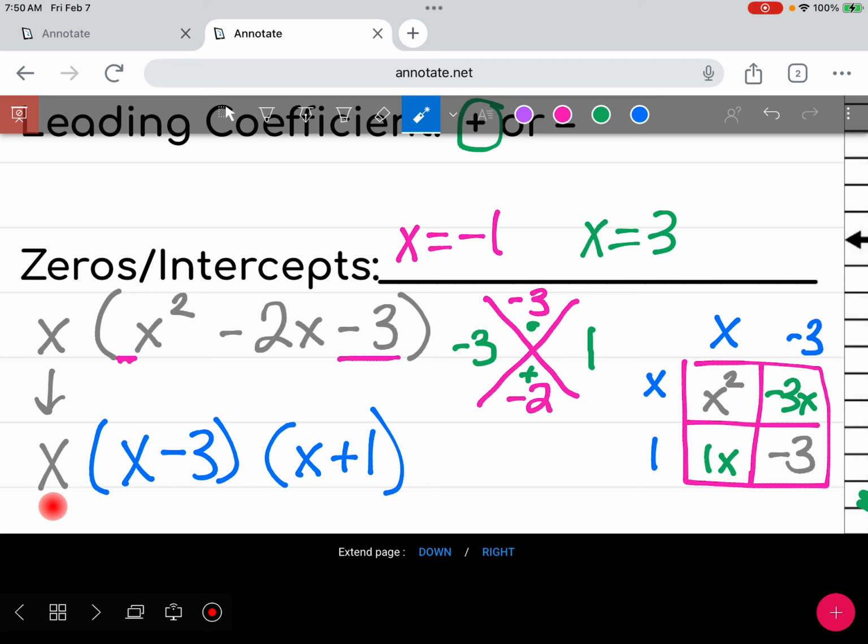We have an x over here, so we got to include him. What do we do with our factors to figure out what our root is? How do we figure out this was -1? Set it equal to 0. So on this one, set it equal to 0. X equals 0 means our root is 0. We can have roots at 0. So we have a root at x equals 0.